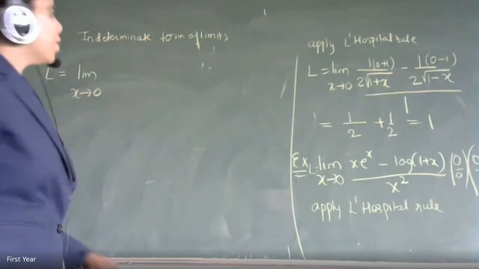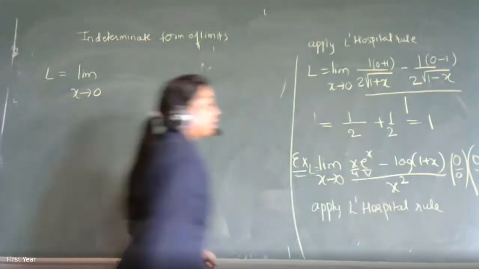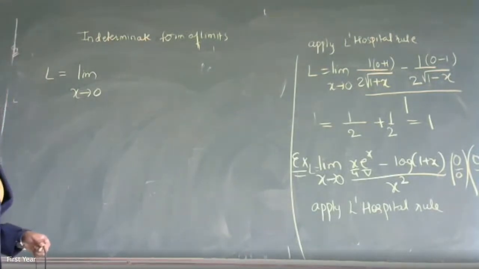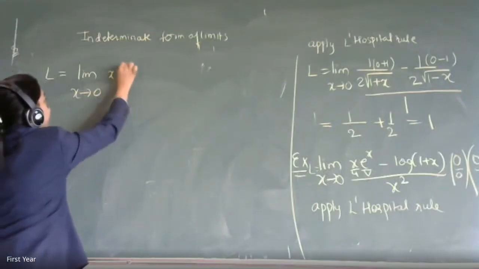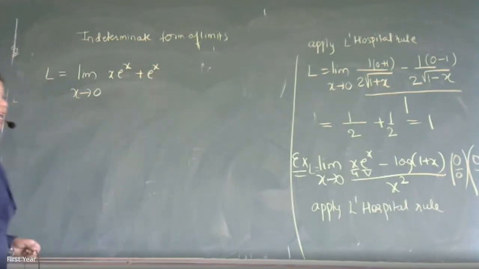So what is the product rule? एक function को ऐसे ही दूसरे का derivative लो plus the other function as it is, first function का derivative. Correct? Yes, ma'am. So x as it is रखते हैं, e raised to x का derivative e raised to x, plus e raised to x as it is रखते हैं, x का derivative 1. Correct.